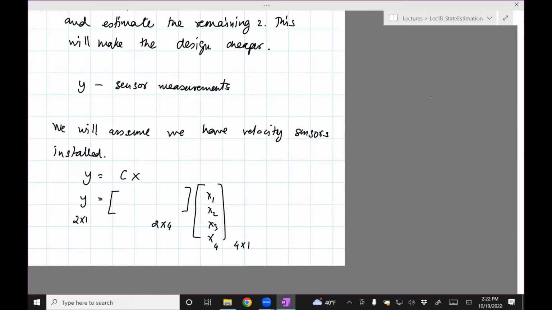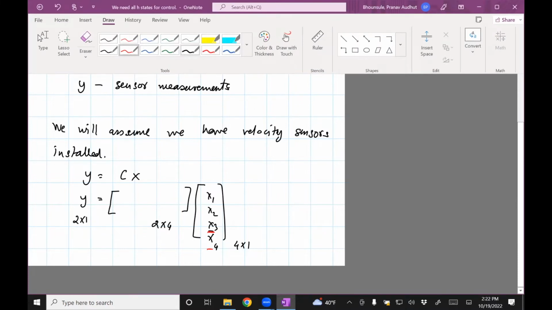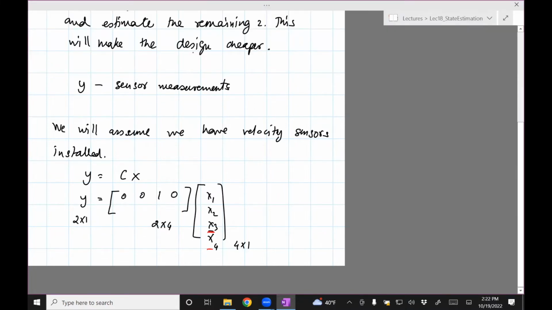So that when we multiply it with 4 cross 1, we have 2 cross 1. And those 2 rows correspond to the 2 sensors. So we have velocity measurements. So x3 is the velocity, x4 is the velocity. And so what we'll do is we'll put 0, 0, 1, 0, so it gives me x3, and then 0, 0, 0, 1. So if you do the math, you'll see that it comes out to be x3, x4. So y equals x3, x4. And people would write that in a more general way as C times x. Okay, so that's the standard way to write it.